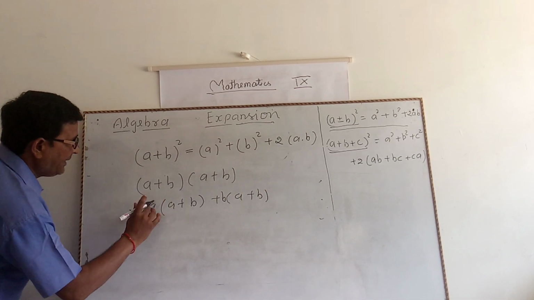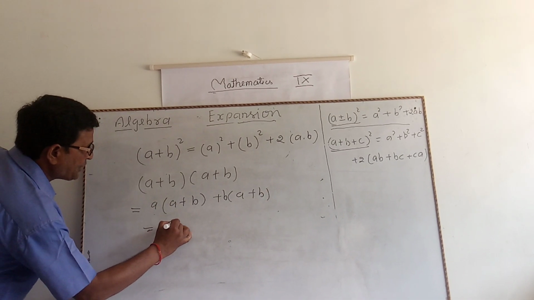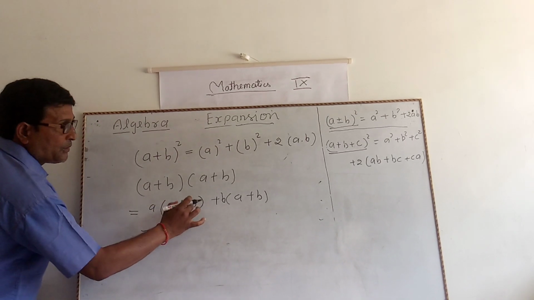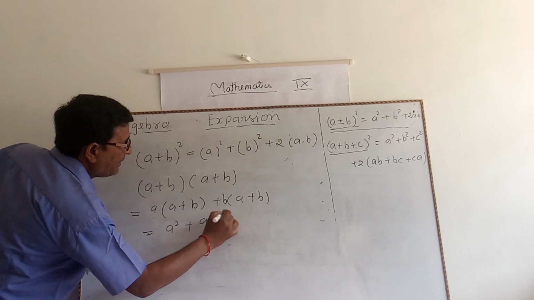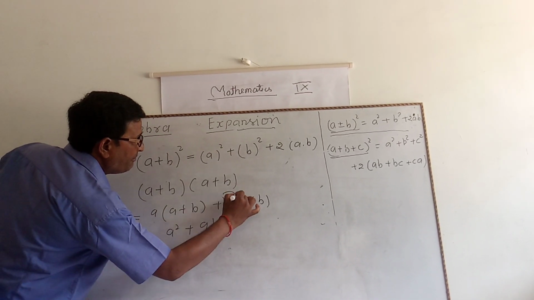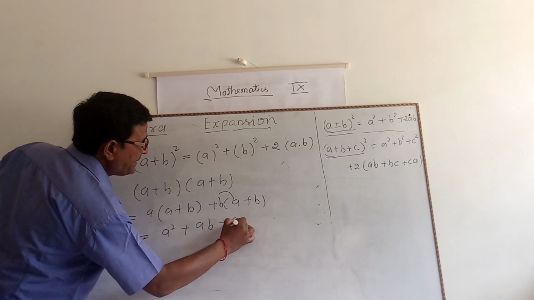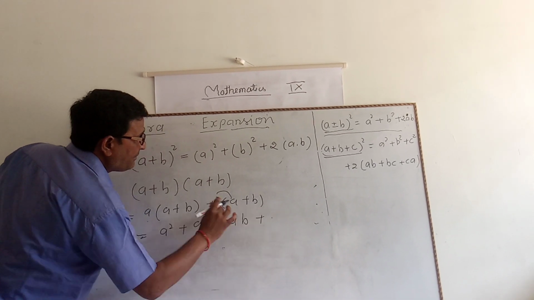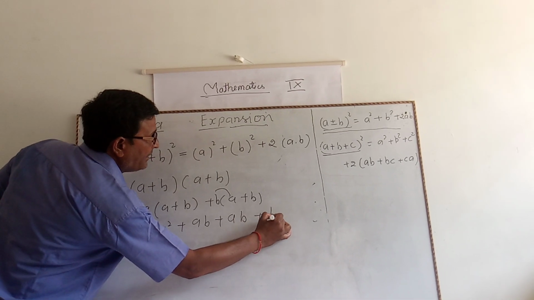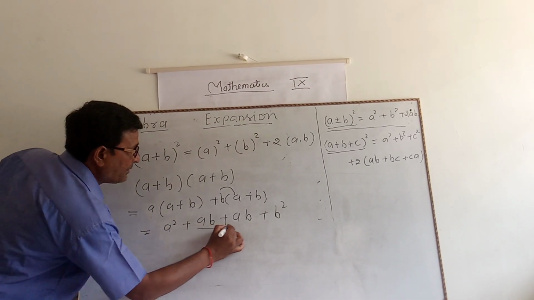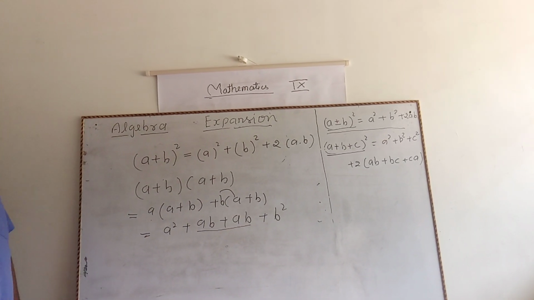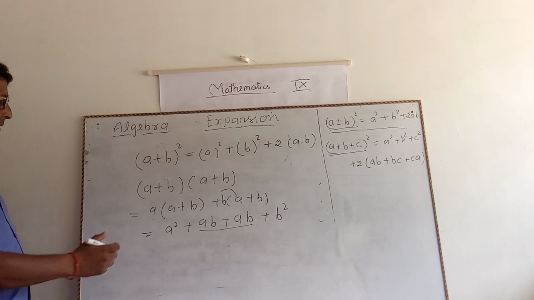Just multiply: a into a is a square, a into b is ab, plus b into a is ab, plus b into b is b square. Just consider both ab terms. Both are like terms that can be easily simplified.